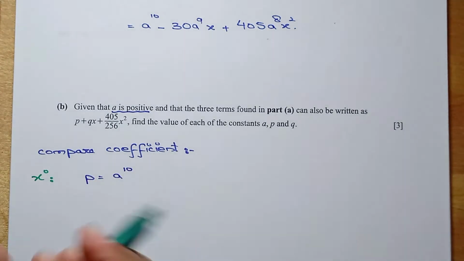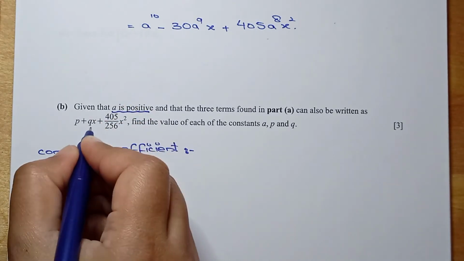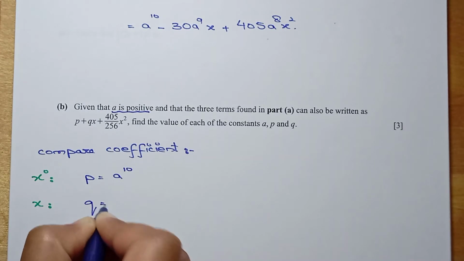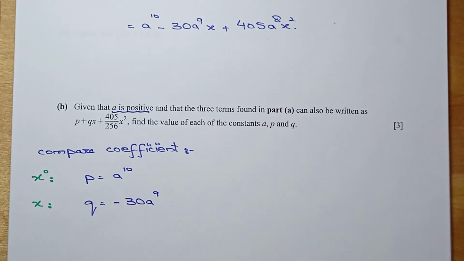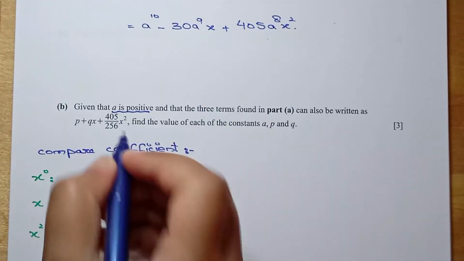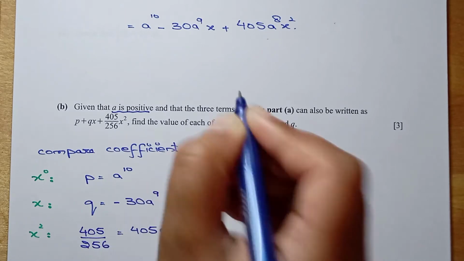Now comparing the x coefficients, here the x coefficient is q, and here the x coefficient is minus 30 a power 9. Right. Now let me compare the x square coefficients. Here we have 405 over 256 x square, and here we have 405 a power 8 x square, right?